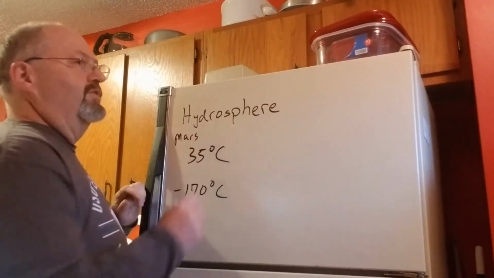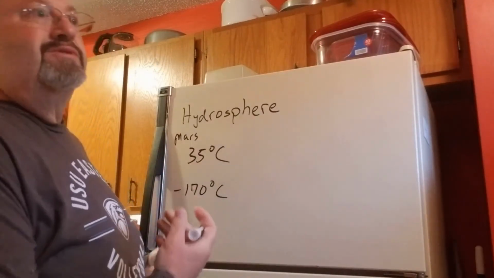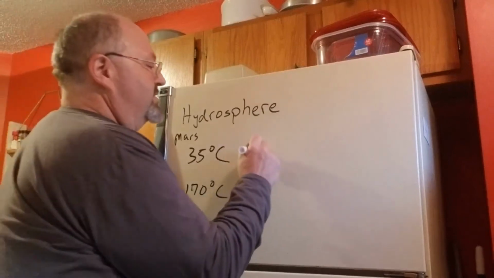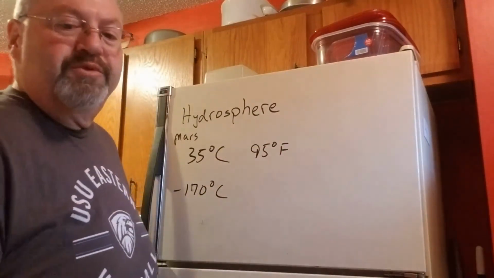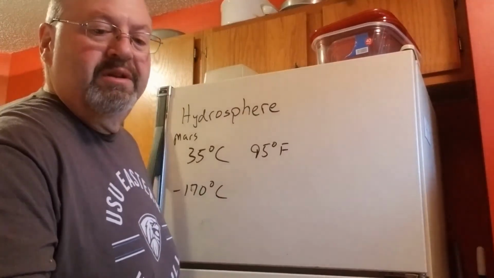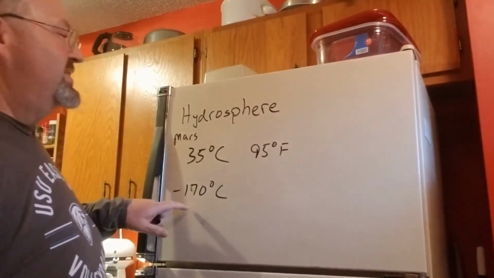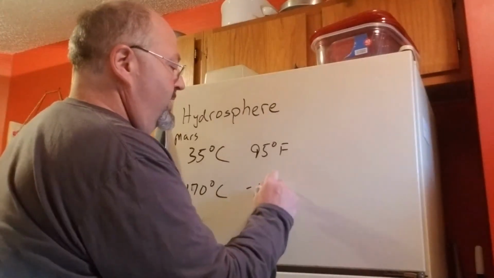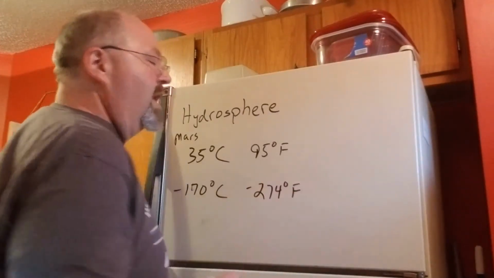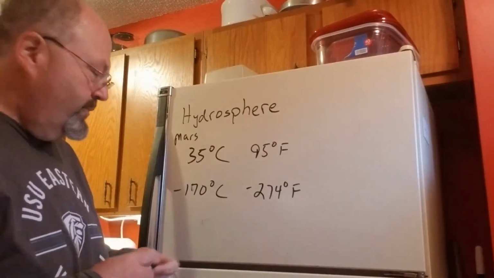Now, I know you think, well, those are cool numbers, what do they mean? Because we don't do Celsius. 35 degrees Celsius is roughly 95 degrees Fahrenheit. So a normal August day in Georgia. Not horrible, right? Your nighttime temperatures, however, not quite as comfortable.